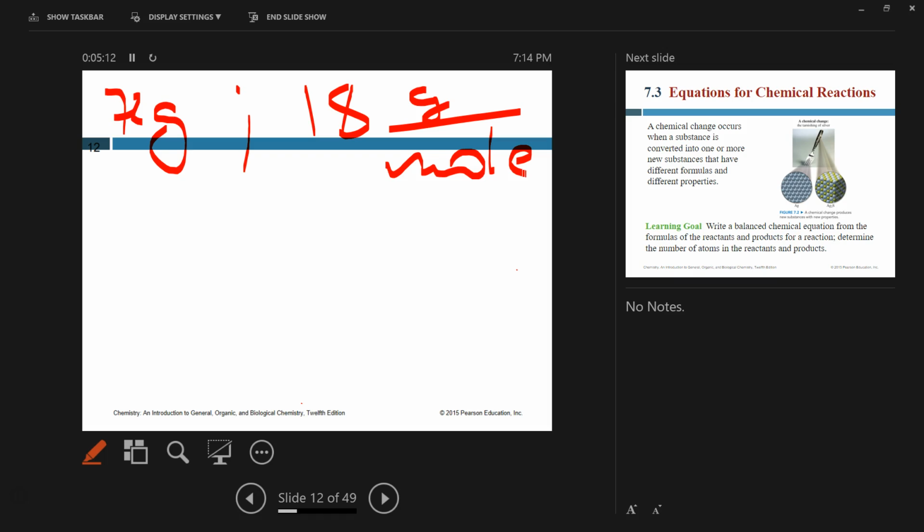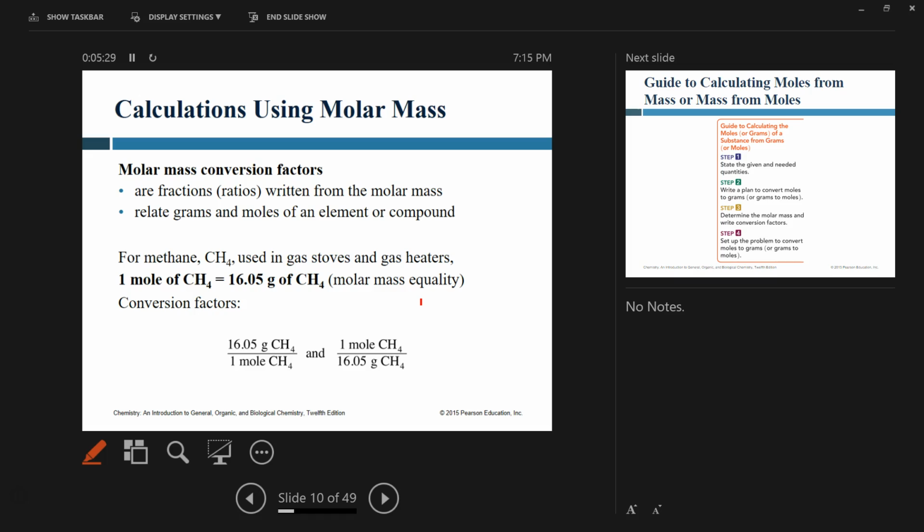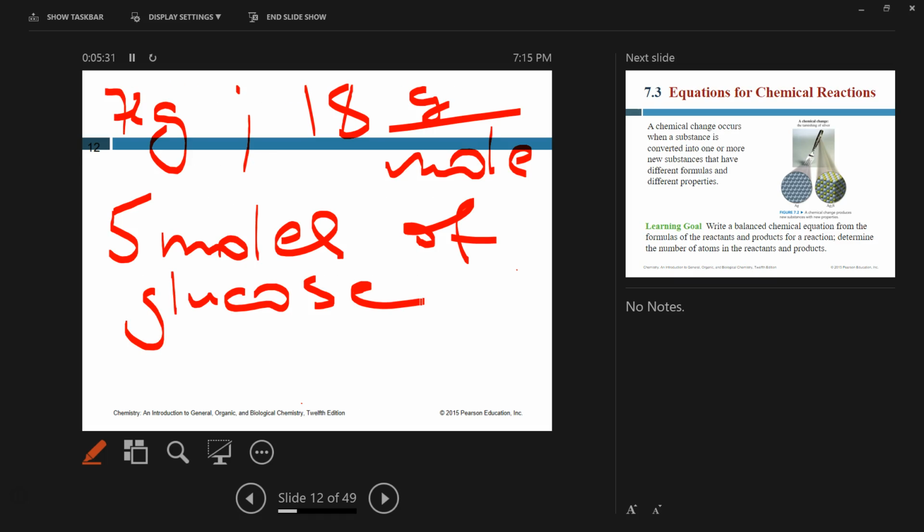What is the mass of 5 moles of glucose? What do you need to find first? The molar mass for glucose, which we had until PowerPoint gave up on me, but I can tell you its molar mass.